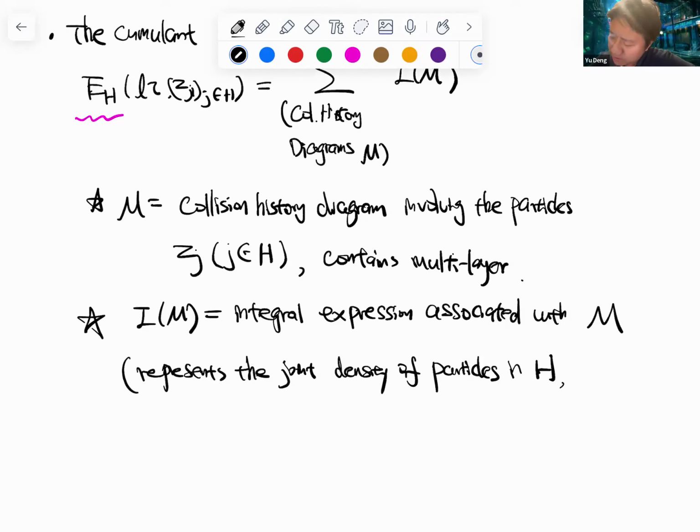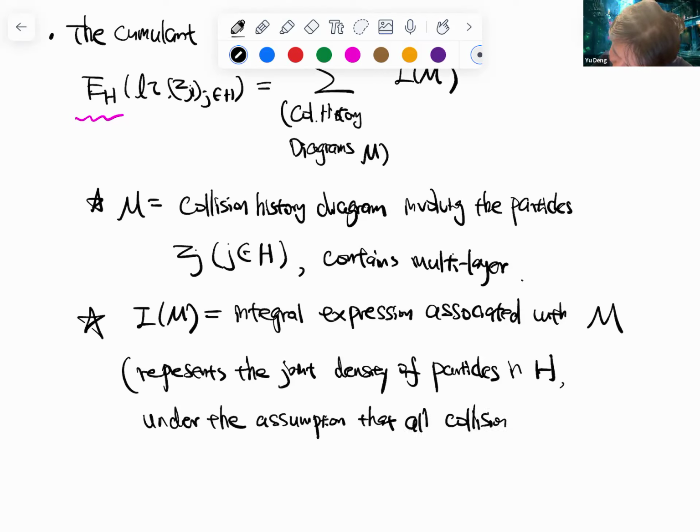Of course, this is under the assumption, because we are already having this expansion with the collision history diagram M, that all collisions in M indeed happen.